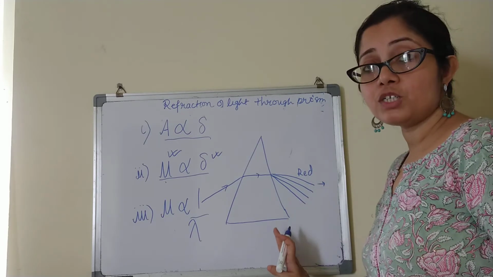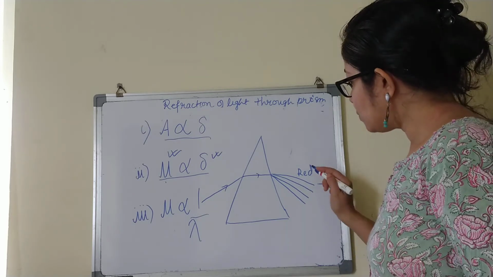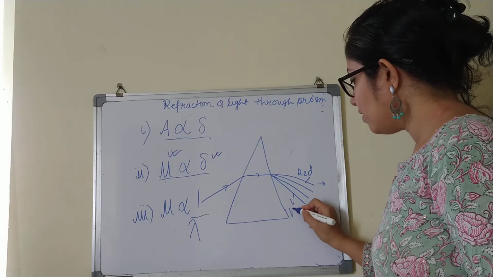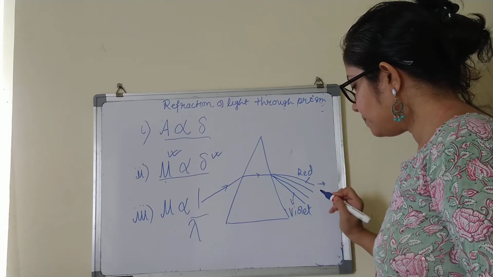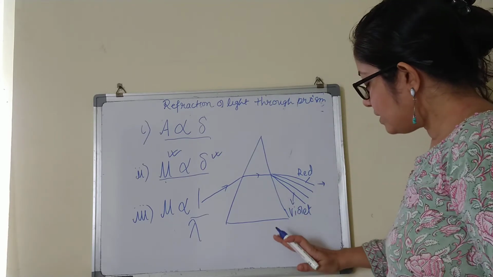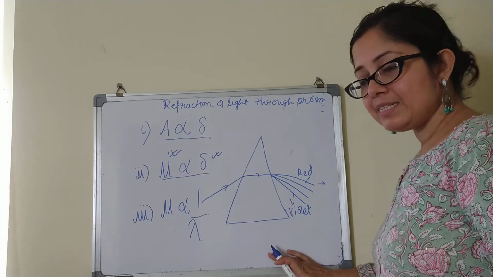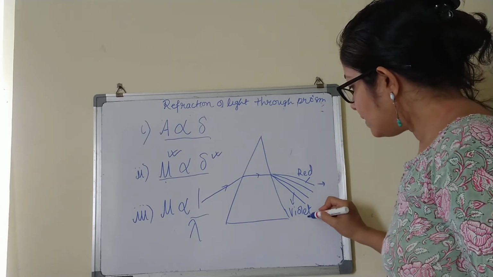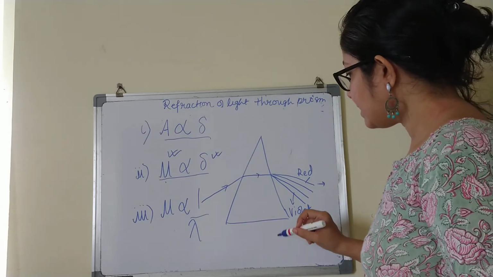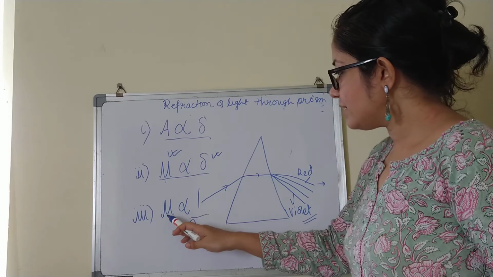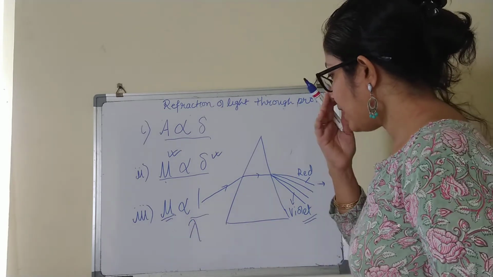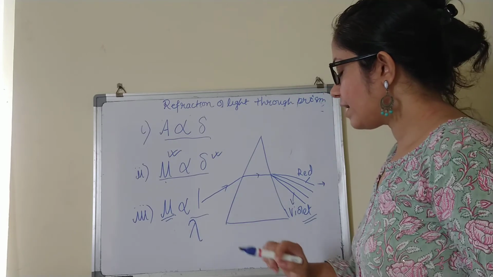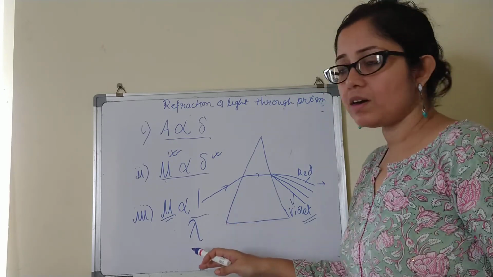This is called the dispersion of light through a prism. The uppermost is the red and the lowermost is the violet. Below the spectrum is the ultraviolet, and above the spectrum is the infrared. We know that for violet, the more the refractive index, the less will be the wavelength of light. This we had done earlier.